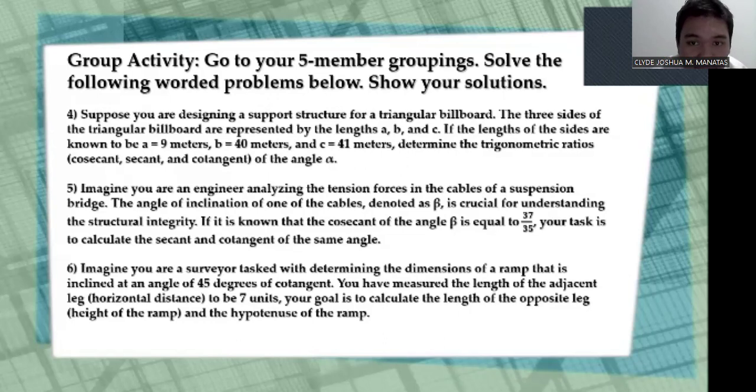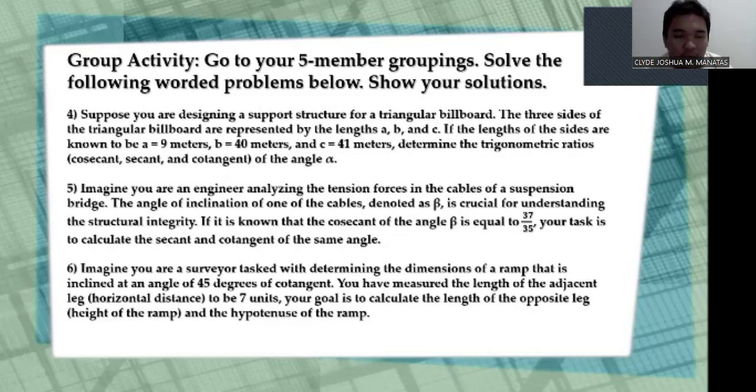So we already see the given: A is equal to 9 meters, B is equal to 40 meters, C is equal to 41 meters, and we are finding the alpha angle of cosecant, secant, and cotangent.